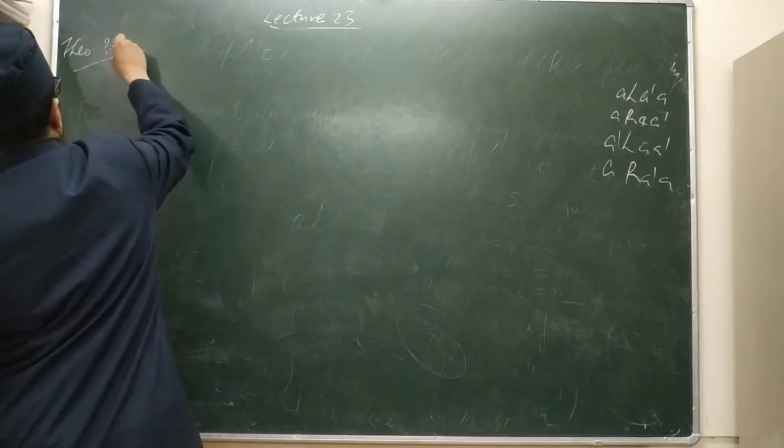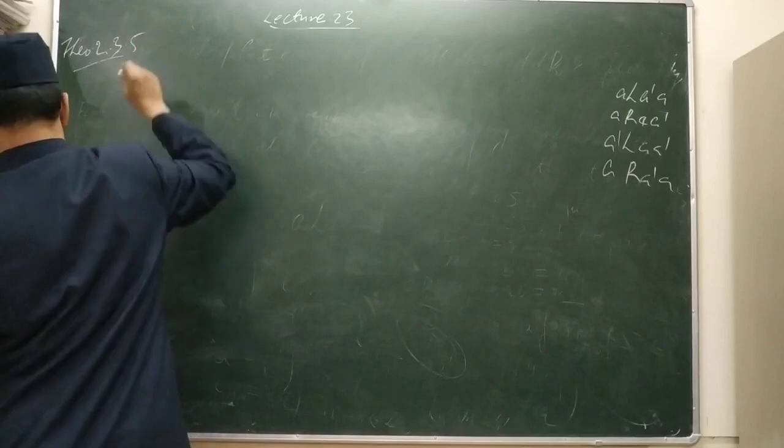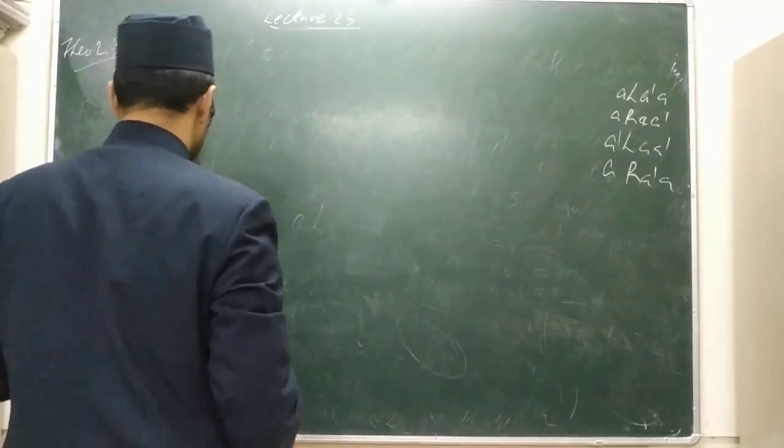Theorem 2.3.5. Let a be an element of a regular D class in a semigroup S.